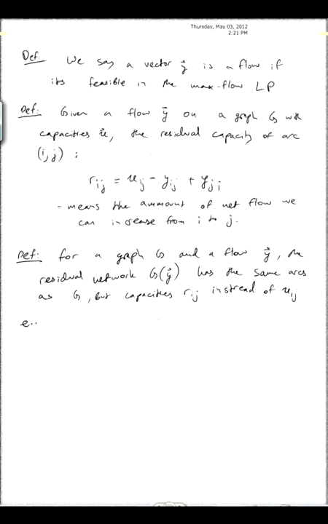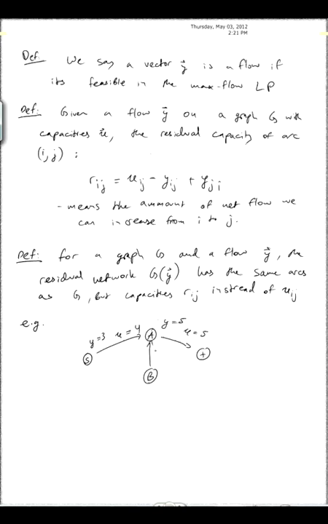So let's do an example to make sure we understand how this works. Here's a graph. On this edge from S to A, let's say that we have a capacity of 4, and currently we're sending 3 trucks across that edge. From A to T, we have a capacity of 5, and currently we're sending 5 trucks across that edge.